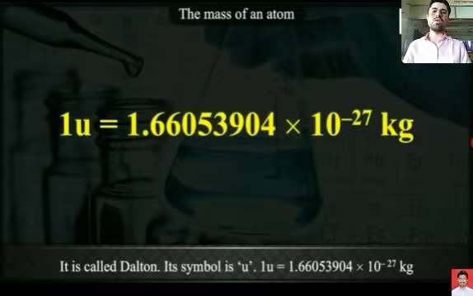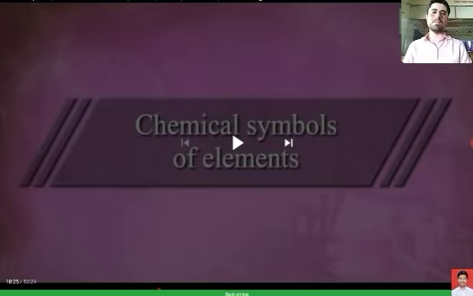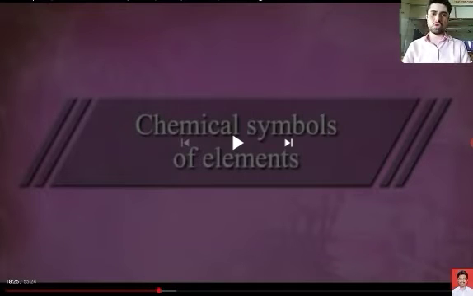So this is the value of 1 u, that is, 1 Dalton. In this way, we are going to calculate the actual and accurate mass of an atom with the help of the unified mass approach.